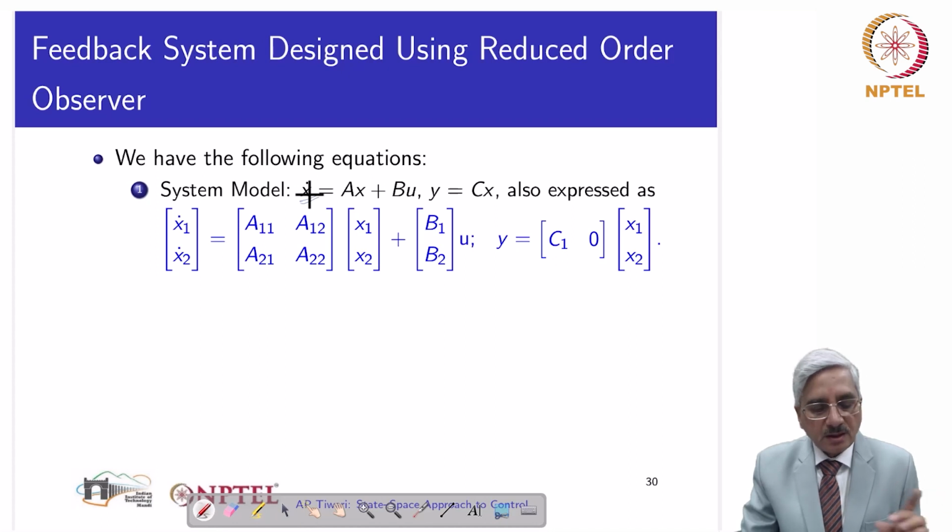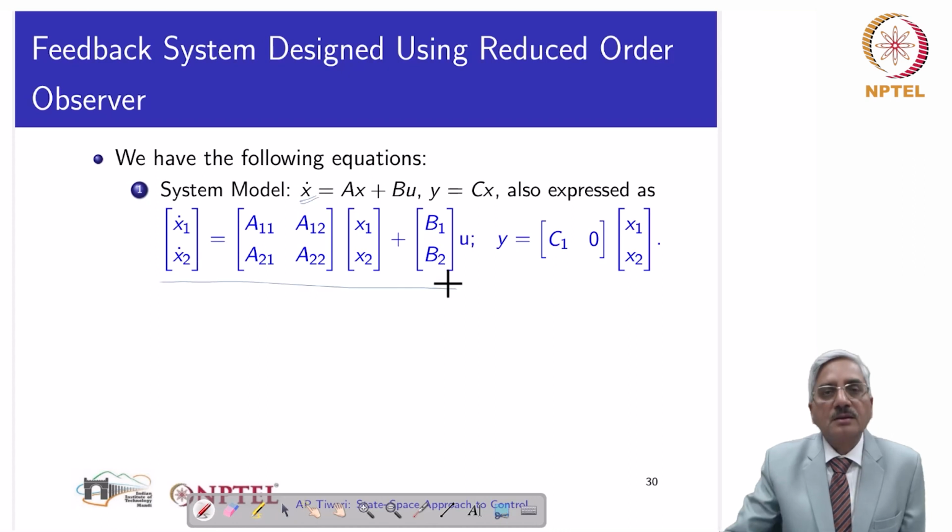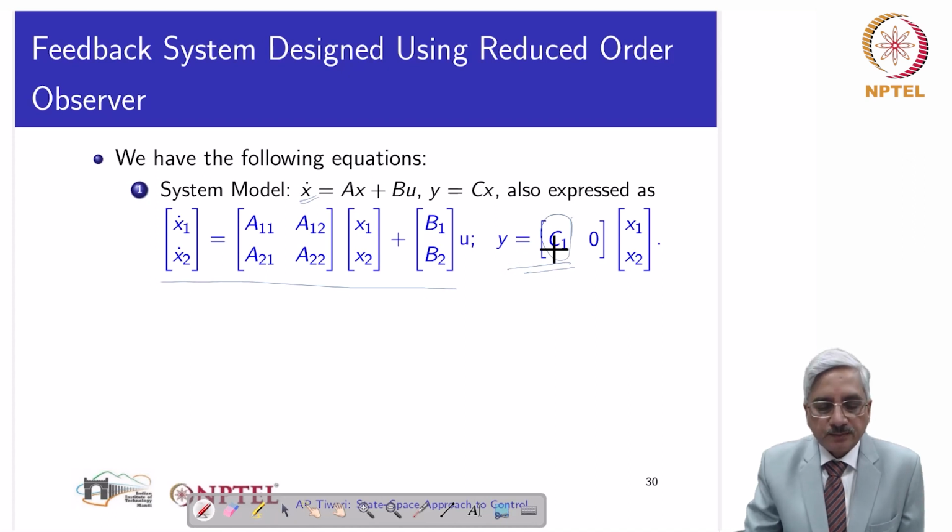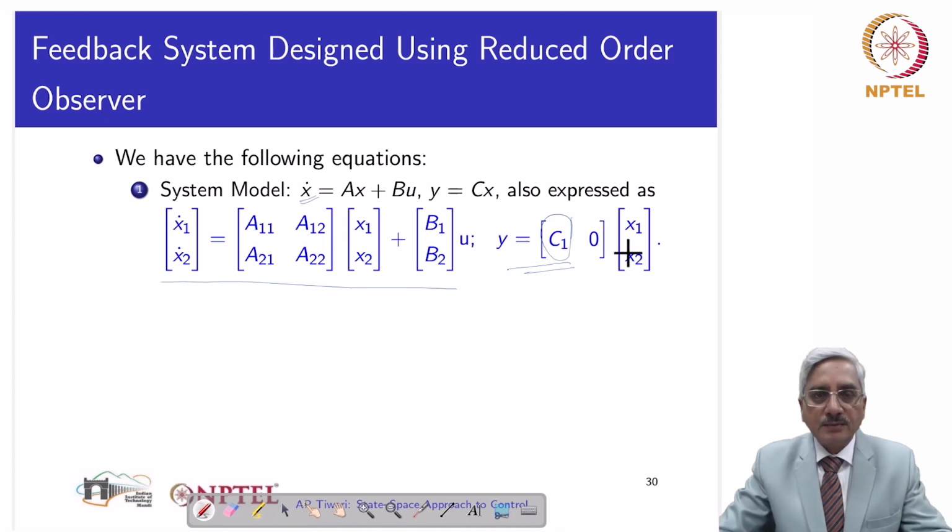One group is x1 and one group is x2, and each one is separately characterized like this. And the output we said only comprised of x1, C1 x1. So this is where we actually carried out the design of the reduced order observer.